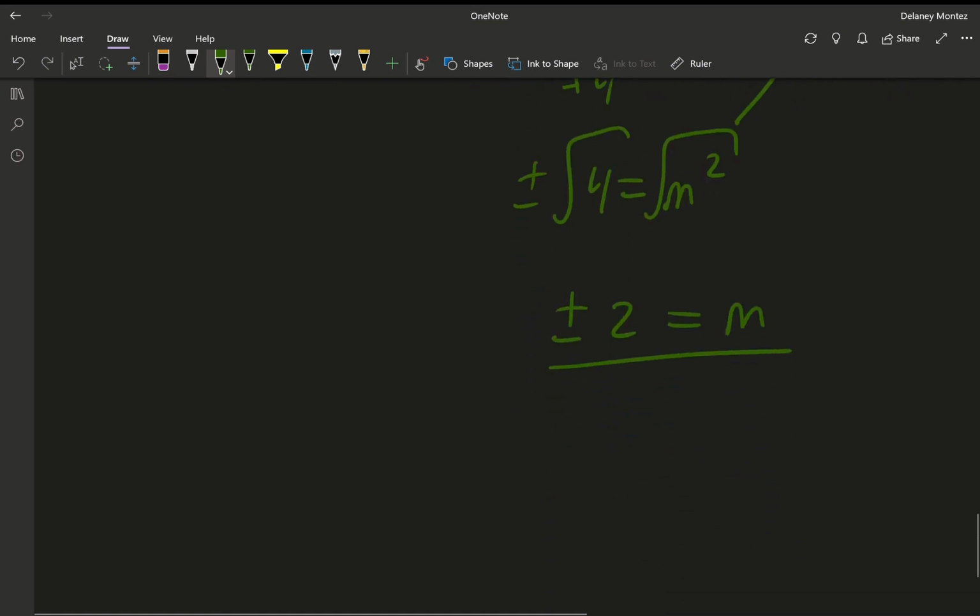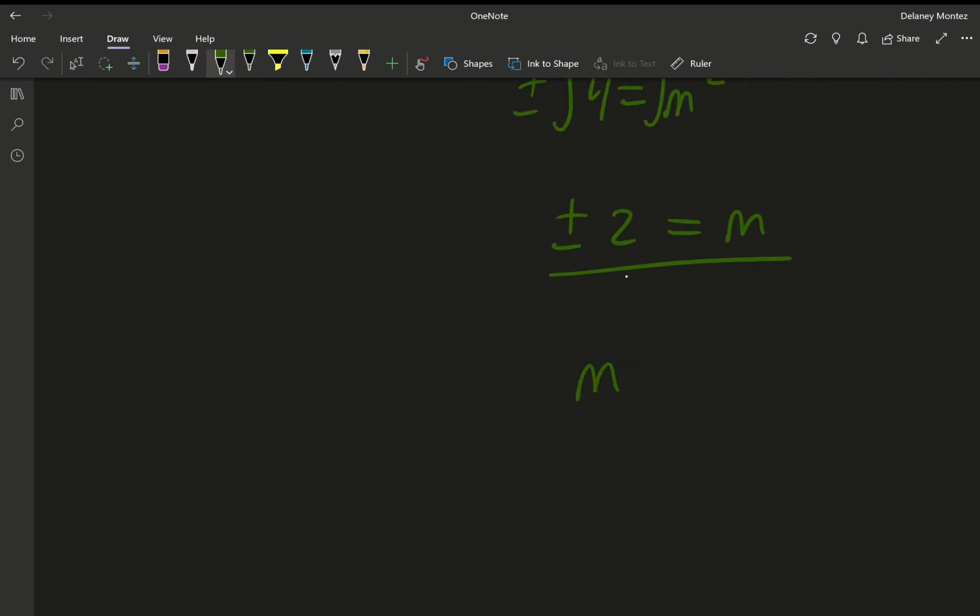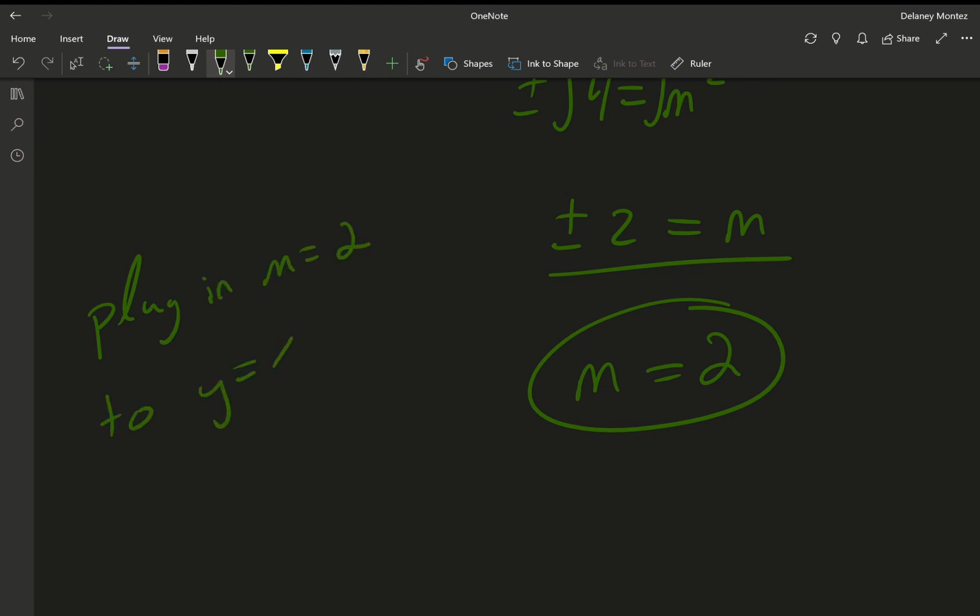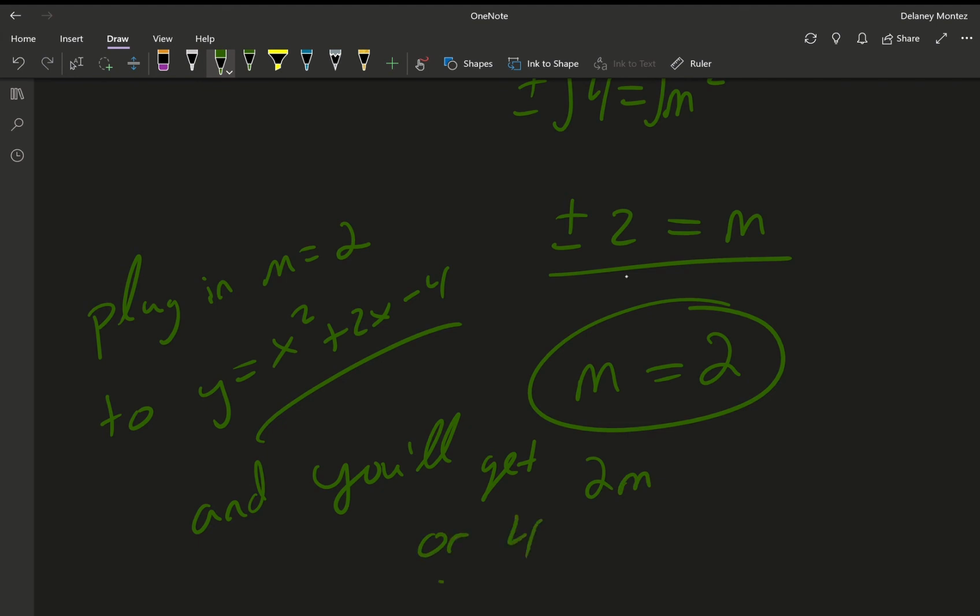So m must be positive 2. And a way to check this is you can plug in m equals 2 to y equals x squared plus 2x minus 4, and you'll get 2m or 4, because again, m equals 2. So 2 times m equals 2 times 2 equals 4.